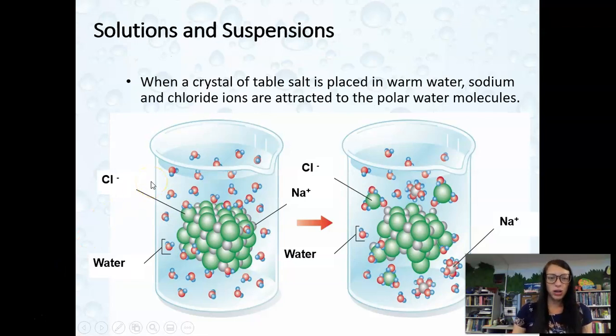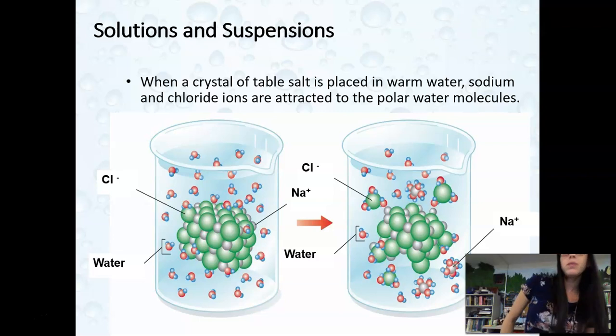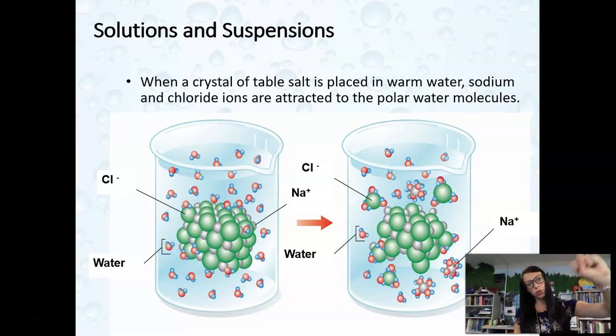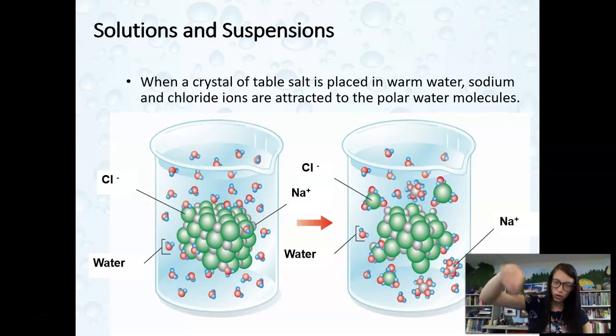So here's an example of a solution and really why a solution occurs. Let's take table salt, for example. When a crystal of table salt is placed in warm water, the sodium and chloride ions are attached to the polar water molecules. What happens is you pour a bunch of salt in some water, and then you stir it up really good. And all of these sodium chloride molecules and water molecules start to kind of break apart.